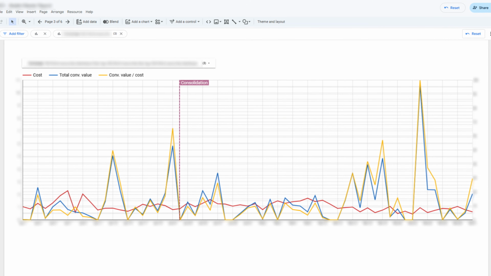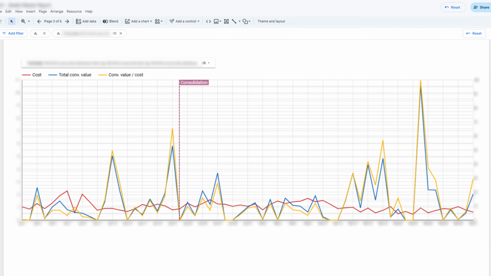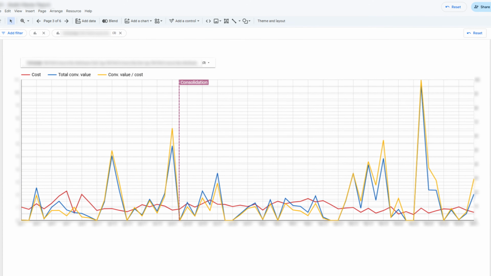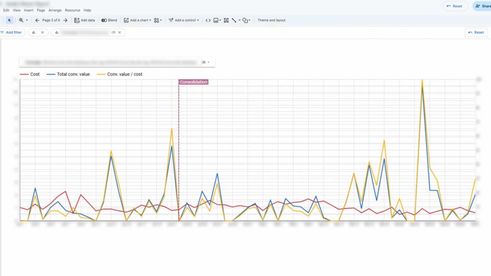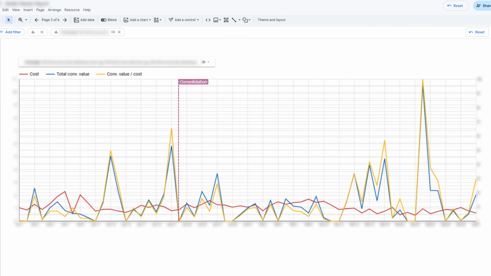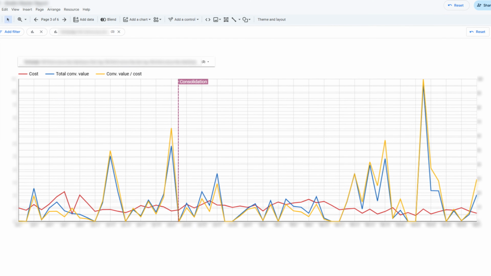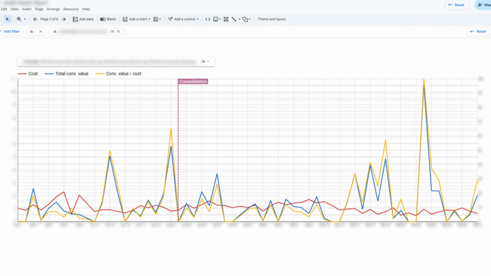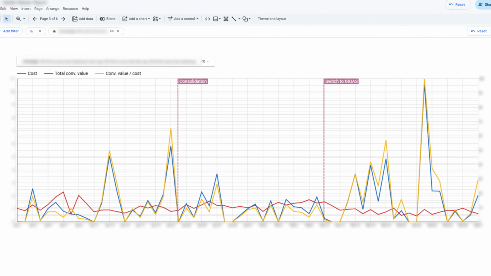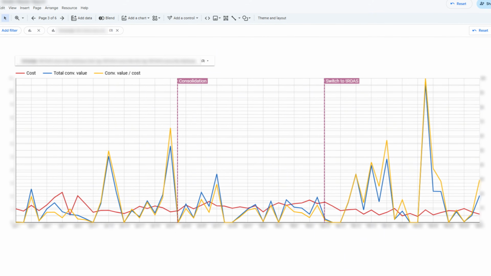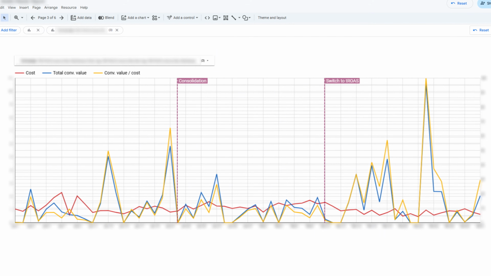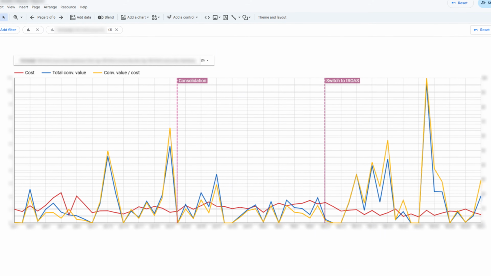As you can see, since the consolidation, the cost has remained relatively the same, while conversion value and conversion value to cost went down initially. But since we switched to target ROAS bidding strategy here, as you can see, both conversion value and conversion value to cost improved significantly, despite the cost going down initially.